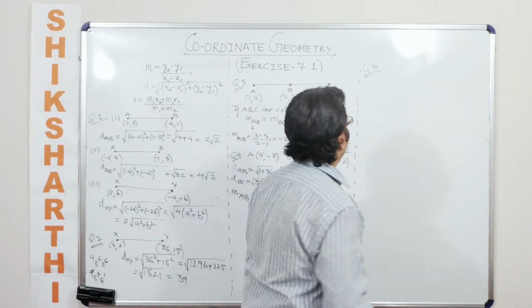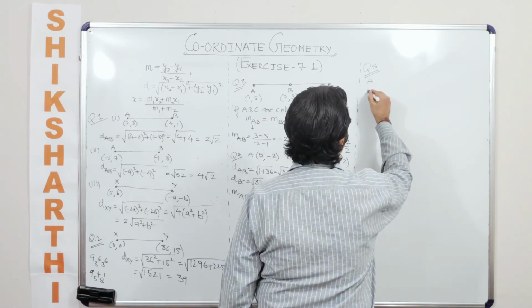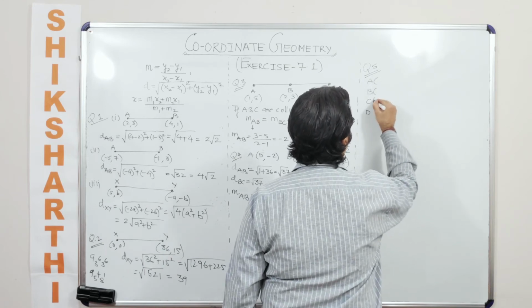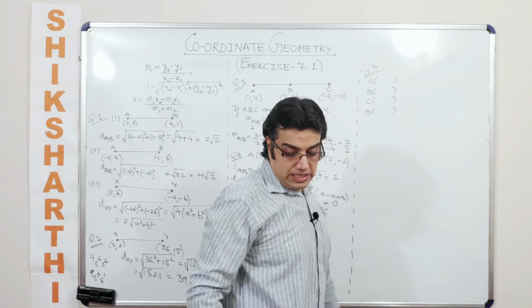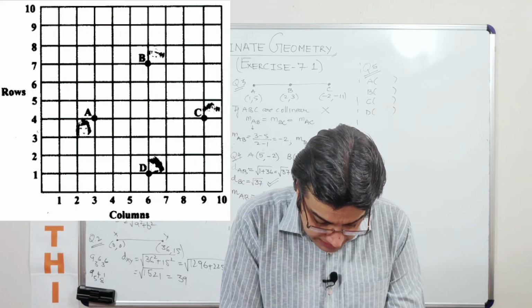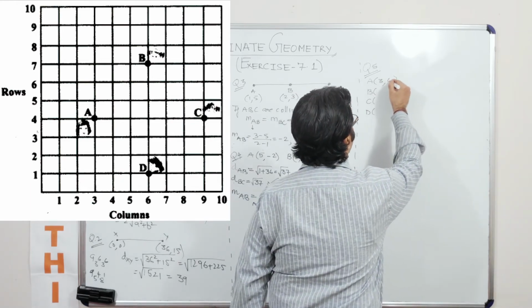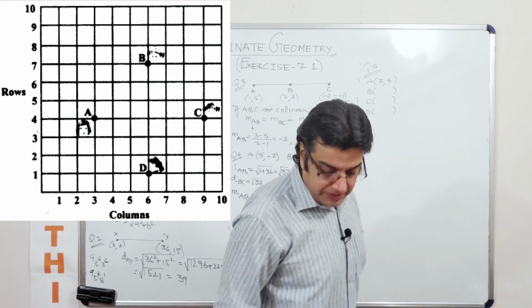Even before we apply the properties, let us first find the coordinates of A, B, C, D. Let's find the coordinates for A first. Can I say it is 3, 4? For B, the coordinates are 6, 7.